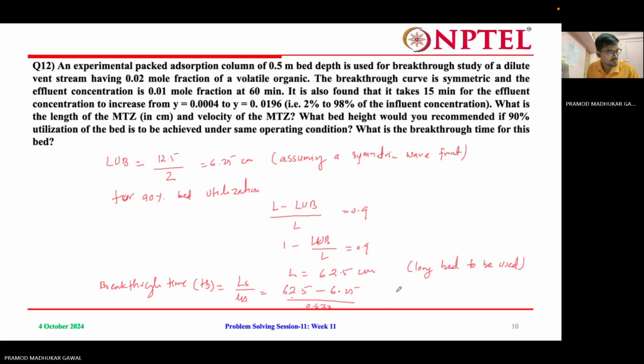That gives 67.5 minutes. So a 62.5 centimeter bed height is recommended for 90% utilization, and the breakthrough time is 67.52 minutes.